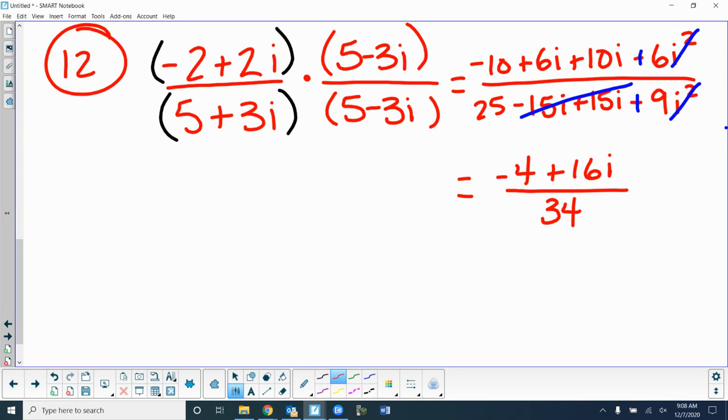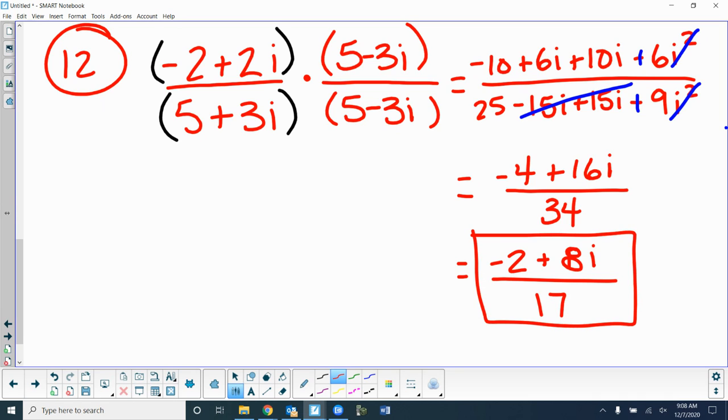Therefore, I can divide each one by 2. So negative 4 divided by 2 is negative 2. 16i divided by 2 is an 8i. And 34 divided by 2 is 17. That's what this simplifies to.